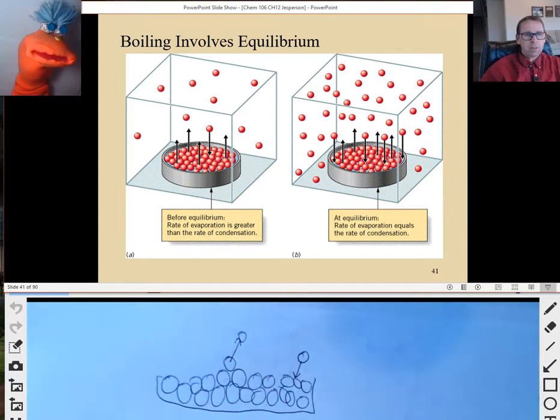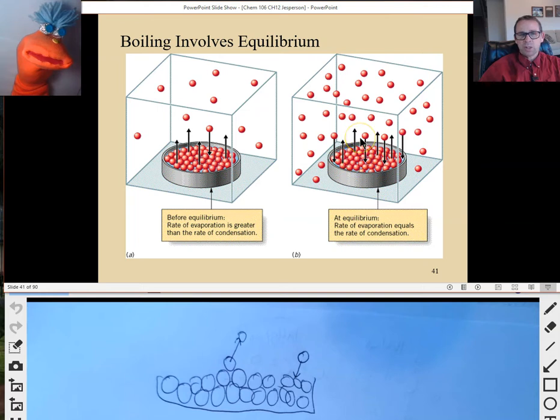And this is going to happen in an equilibrium. You're going to have evaporation and condensation occurring in a fixed container like this. All right? So this here is showing before equilibrium is reached, and eventually equilibrium is reached, and the rate at which they come off is the same as that at which they come on. It doesn't mean that they stop leaving. It just means that just as many as leave come back onto the surface.